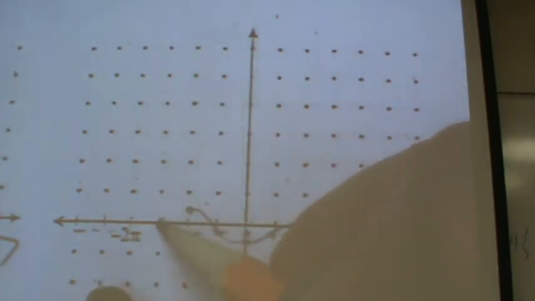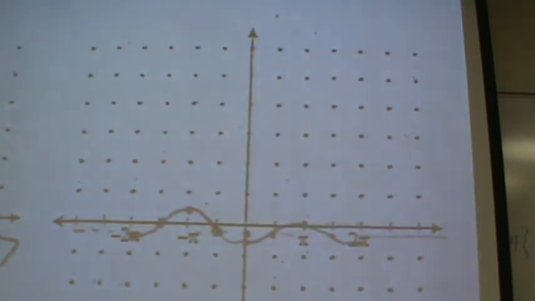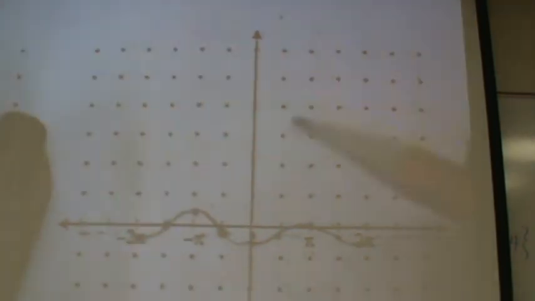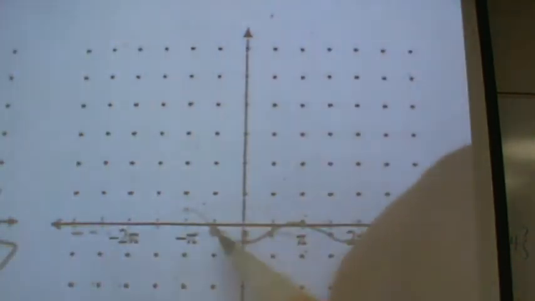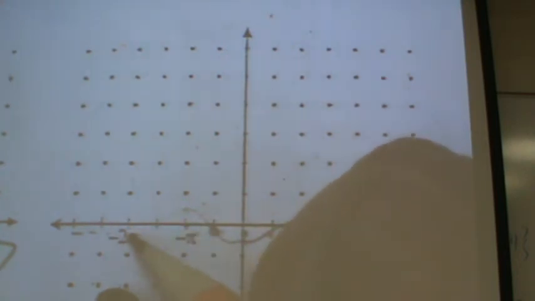So that one's a hard one to do. Very hard. But what I would do on this one is I would change my scale. Definitely change my scale.